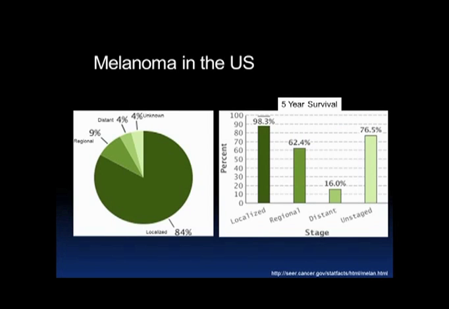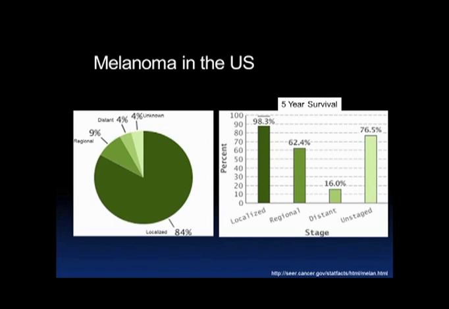If you look at the melanomas in the US, about 84% are localized. About 10% are regional, meaning they develop local lymph node metastasis or in-transit mets, about 4% are distant mets, and 4% are unknown. Interestingly, the 5-year survival depends greatly on the stage. If you look at localized melanomas, you have almost 100% 5-year survival rate.